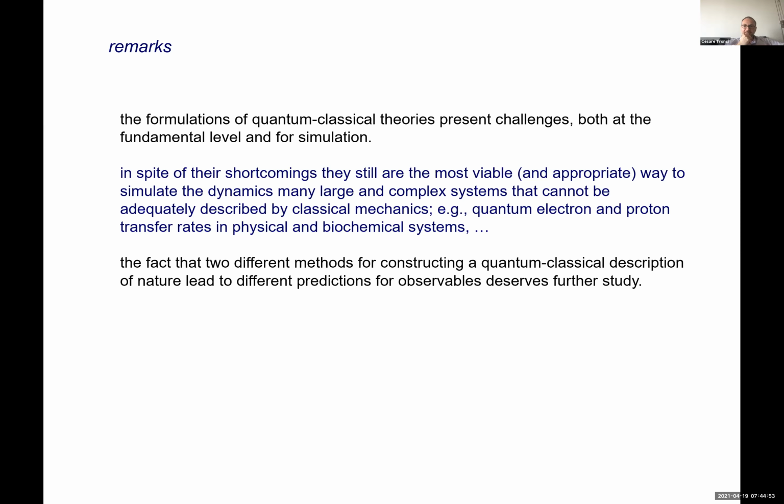Okay, I'm not sure I understood the specific point about why the two theories should coincide or not. I think what I understand is that you're leaving it open. Am I correct? Oh, so basically the quantum classical Liouville equation starts from the von Neumann equation and does a partial Wigner transform.